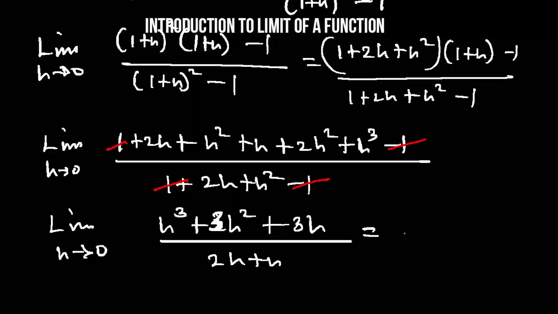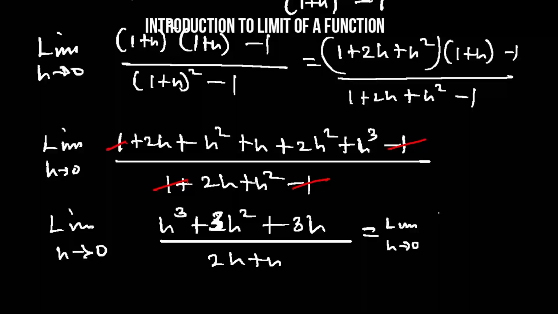However, we can go on. So I have this to be the limit as h tends to 0 of h cubed plus 3h squared plus 3h, all over 2h plus h squared. Now, h is common to everything here, so let's factorize out h.